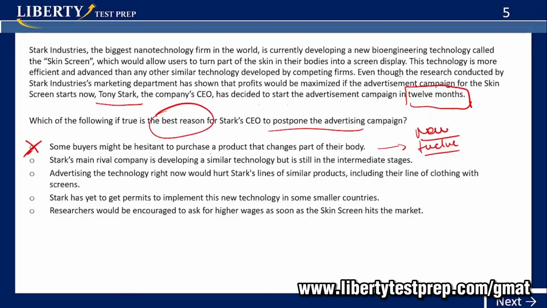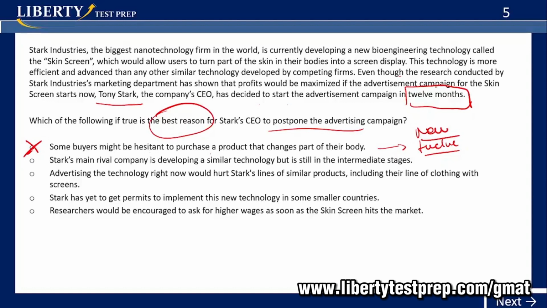Number 2, Stark's main rival company is developing a similar technology, but is still in the intermediate stages. So if you already have the technology and the other competing firm is already working on the development of a similar product, wouldn't you want to release your product as soon as possible? You would, right?